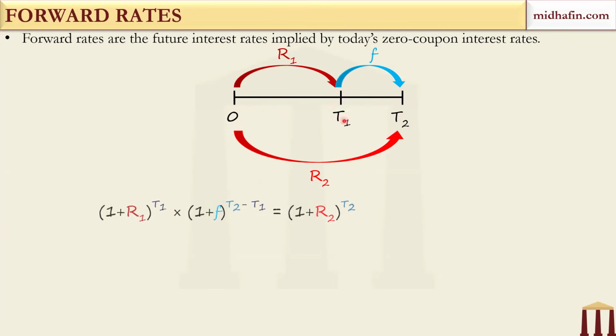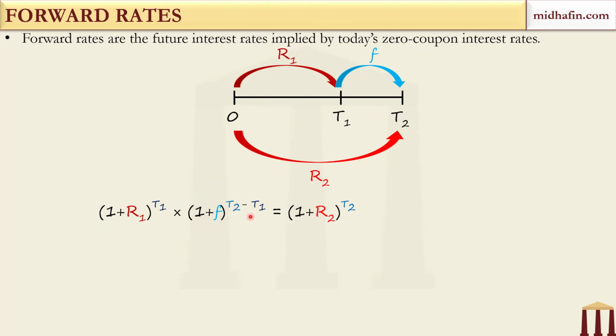So this is what we have done. This will be the amount at T1. The left side tells you the upper route, this route, and the right side is dealing with the lower route. So from 0 to T1, this is the amount, and then from T1 to T2, this is the amount, because the time period is T2 minus T1.